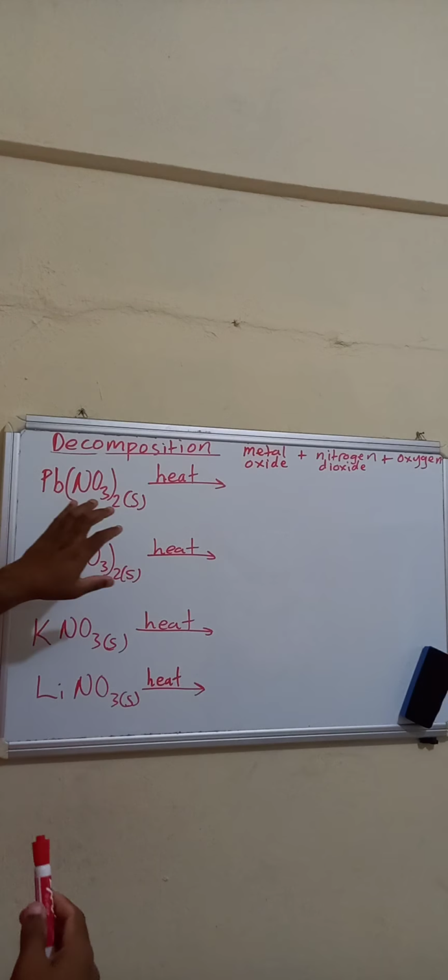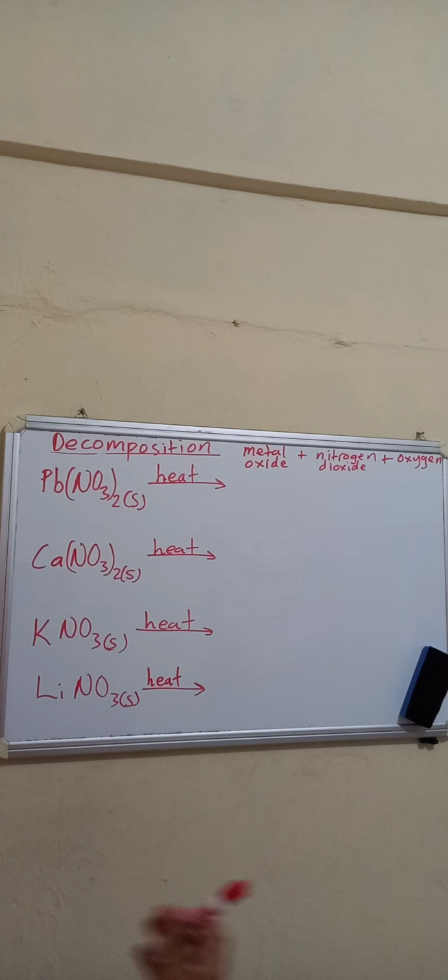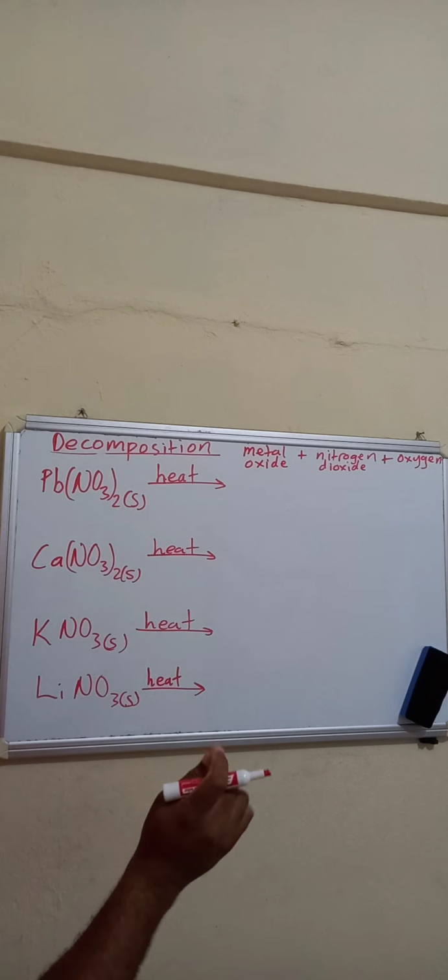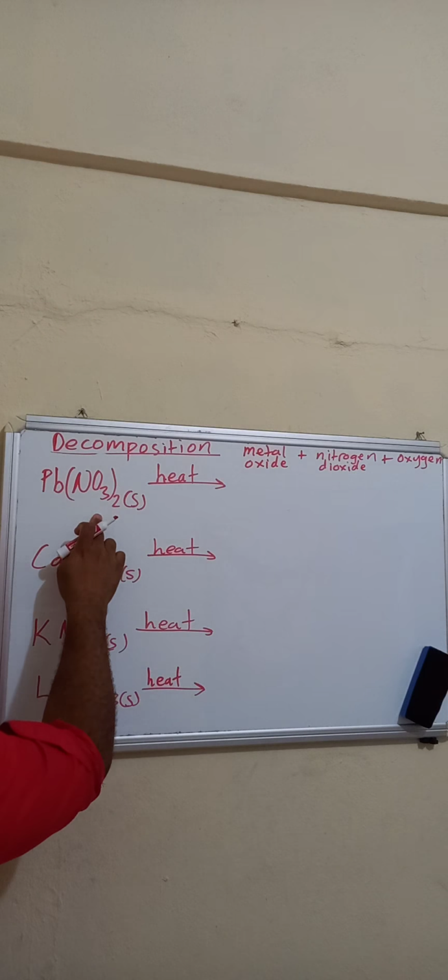So if you have lead nitrate and you heat it, it will decompose into the metal oxide, which is lead oxide, so that's PbO, because we know that the charge on lead is 2 plus and the oxide is 2 minus.